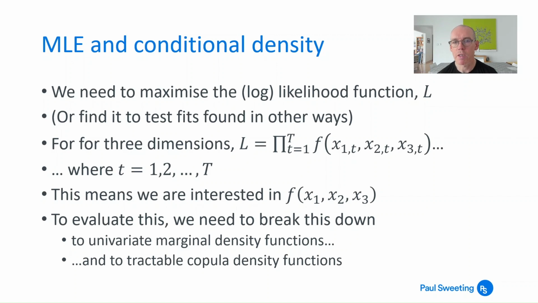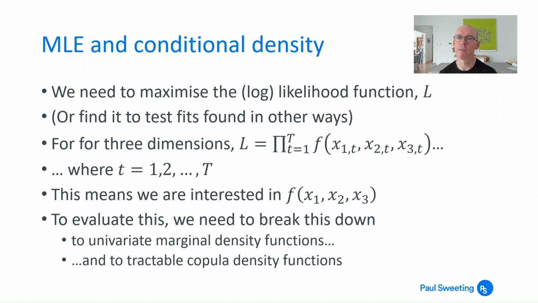Your likelihood function for three dimensions is the product from t equals 1 to T of f of x1t, x2t, x3t, where t is each observation, from 1 up to how many observations you've got. So if you've got, say, 3 years of monthly data, then it's going to be 36 observations.